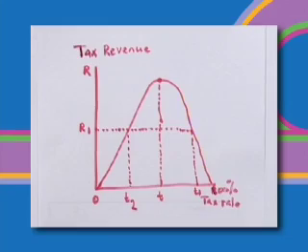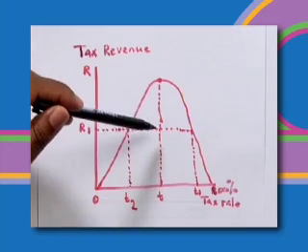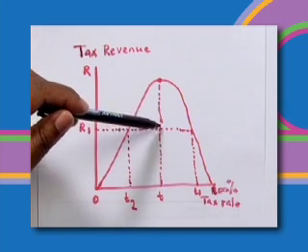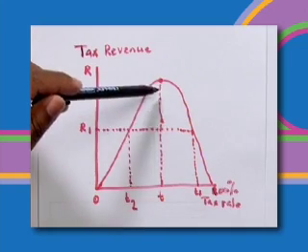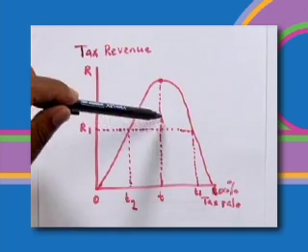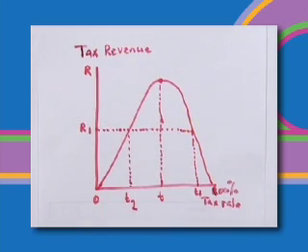So they need to work it out and balance it, and always try and keep it below T, because anything above T will be considered unreasonable and expensive. At this level, we've got a lot of tax evasion and tax avoidance.